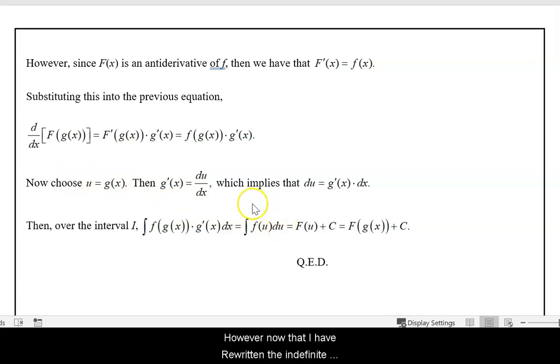However, now that I have rewritten the indefinite integral in terms of another variable u, and I know that uppercase F is an antiderivative for lowercase f, then I can say that this indefinite integral must be the antiderivative evaluated at u plus some unknown constant. I can then back substitute and take the u out and replace it with g of x. And this gives me finally the antiderivative composed with g of x plus some constant. That's the end of the proof.